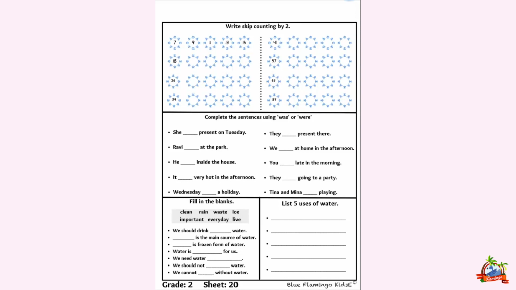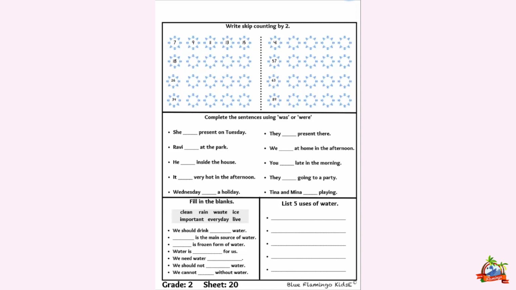Understood? In this way, we have to complete these sentences using was or were. Was and were are the linking verbs for past tense. Past tense में यूज होने वाले linking verbs हैं.